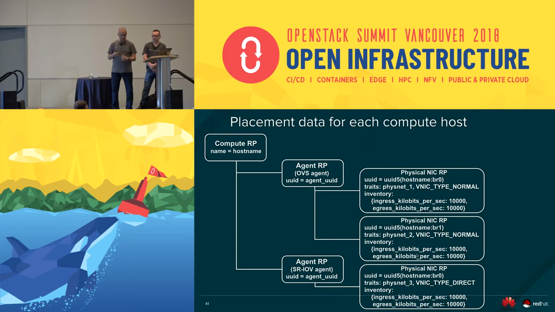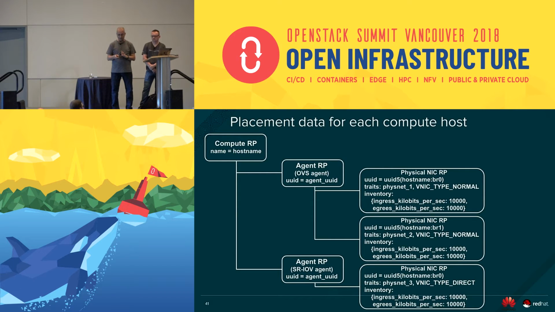As you can see in this example, in this compute host we have two backends activated, two agents: we have OVS and we have SRIOV. Associated with each one of those backends, you will have physical NICs, physical interfaces.